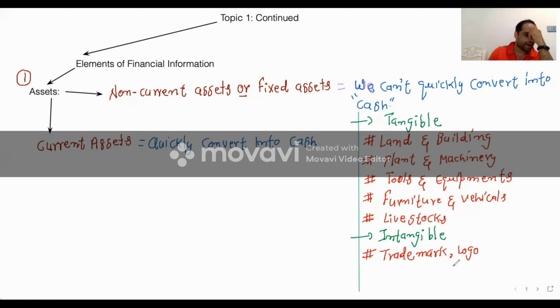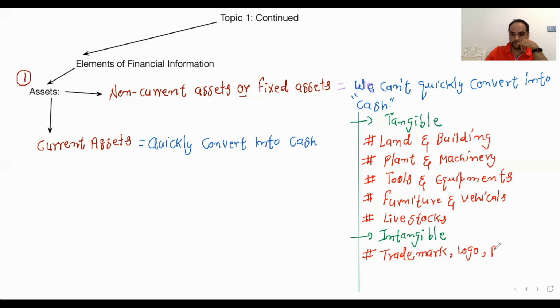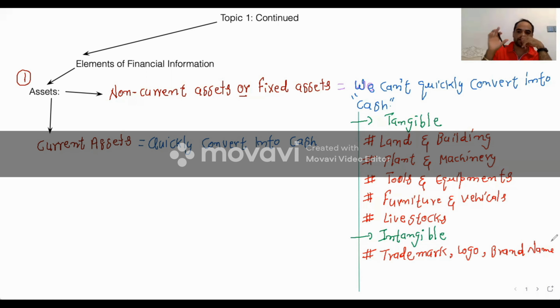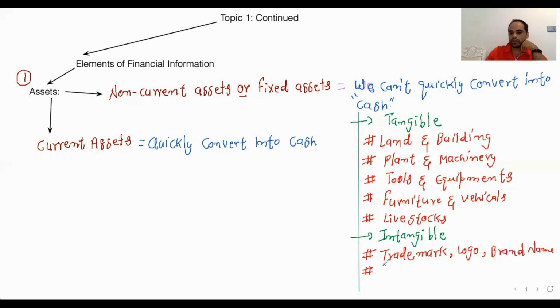Yes, it's a brand. You can also call it a brand name. Like the Apple company: the Apple with one bite taken out of it is the logo or trademark for the company, right? The second thing that intangible assets could include is copyright.